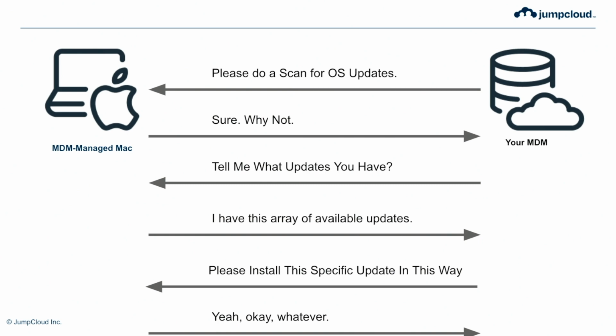When we implemented this at JumpCloud as part of the process, we did a lot of measuring. How long does it take before there's a result back that we can actually go and interrogate? Who here thinks that that value is less than 15 minutes? Less than 30 minutes?